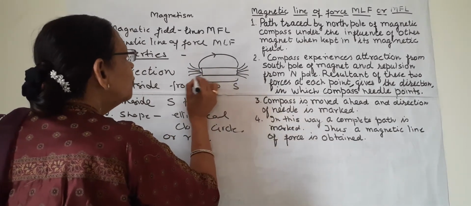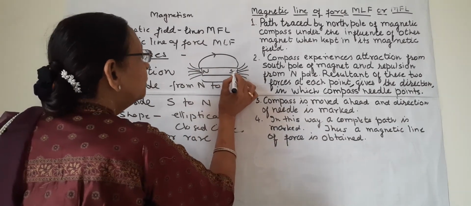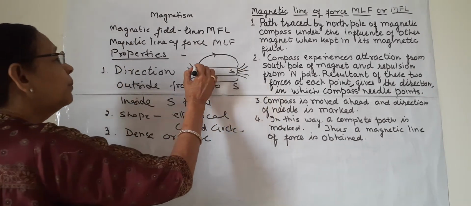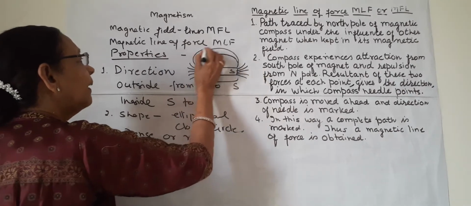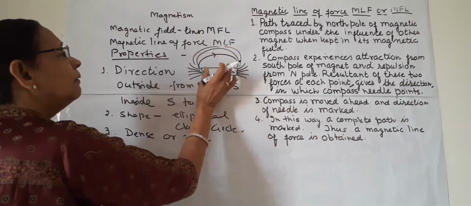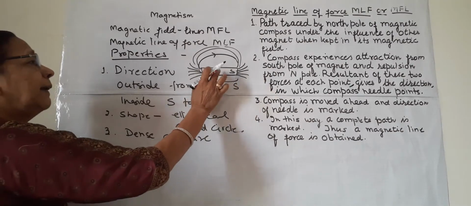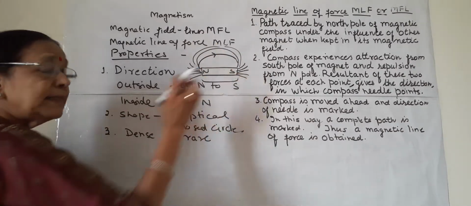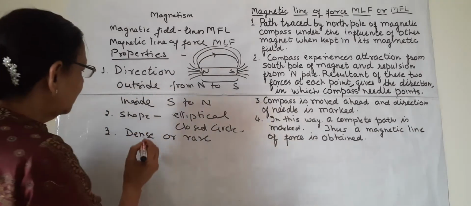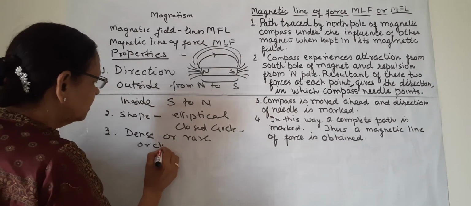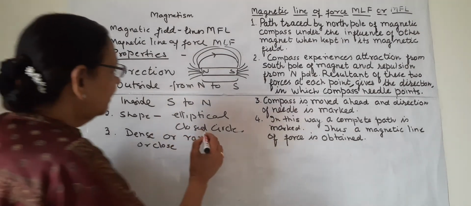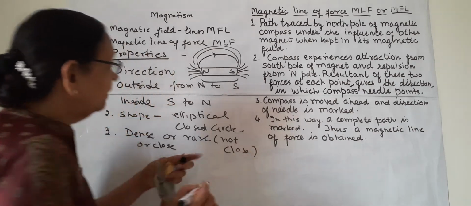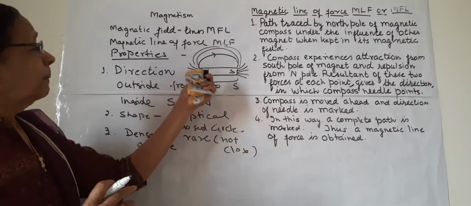They are very close to each other near the poles, so they are known as close or dense near the pole, and they are rare, not so dense, when they are not at the poles. At other places they are rare, like here, and they are dense at the poles, or close to each other, and rare, or not close to each other, when they are away from the poles.